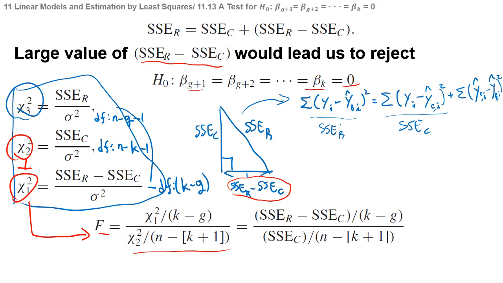If this part is larger and larger, that is evidence that the complete model is better. So our test F statistic can be constructed this way, and it follows an F distribution with degrees of freedom k minus g and n minus k minus 1.